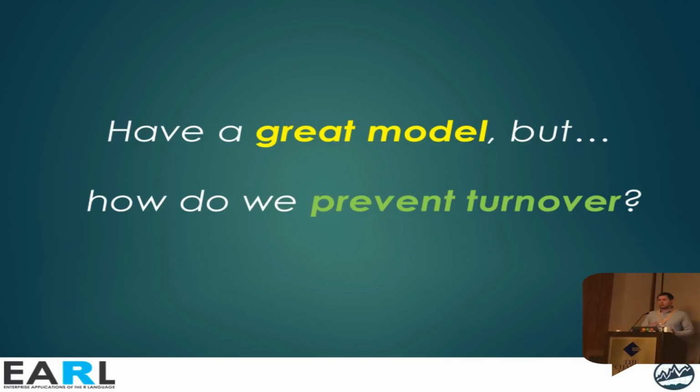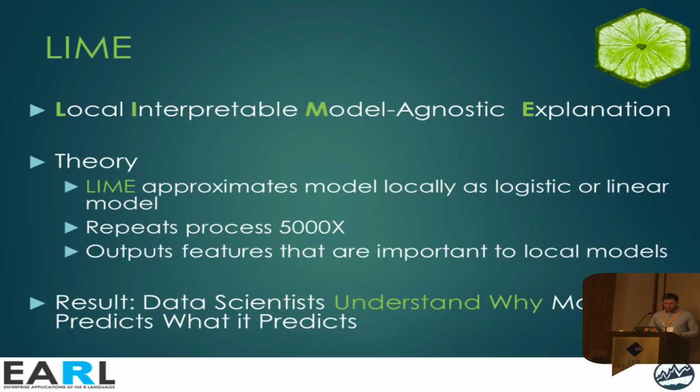Okay. Turnover is easy now because we have this thing called LIME. It stands for Local Interpretable Model Agnostic Explanation. So the theory behind LIME is that it takes a model, these complex deep learning models, which are nonlinear, and it approximates them locally and discretely as linear models.